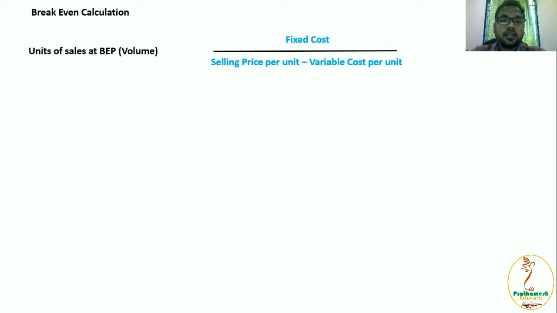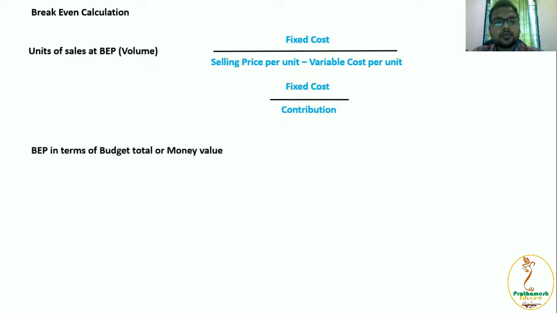So fixed cost divided by contribution will be the break-even. If we find the break-even point in money value, just multiply it by the selling price. These are the simplest formulas you can remember easily.